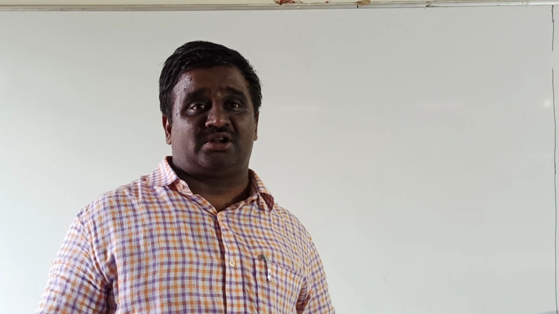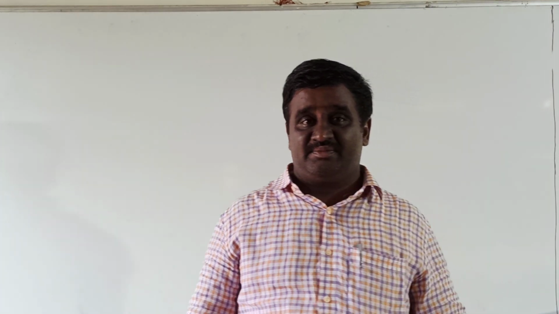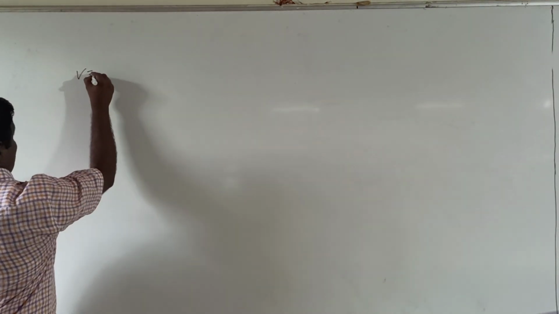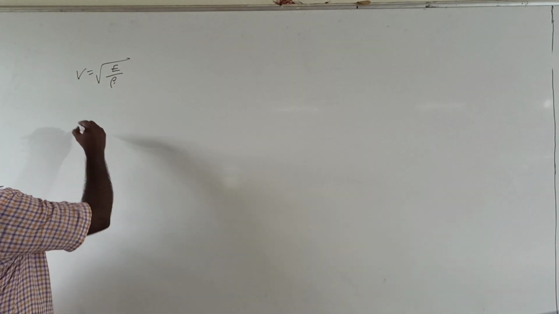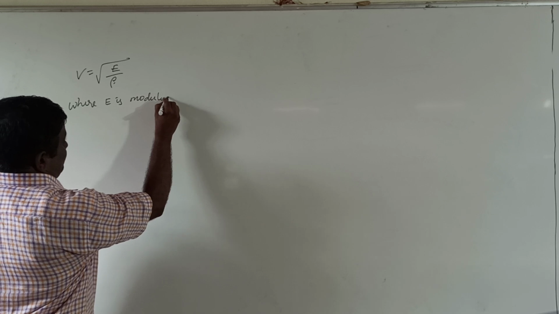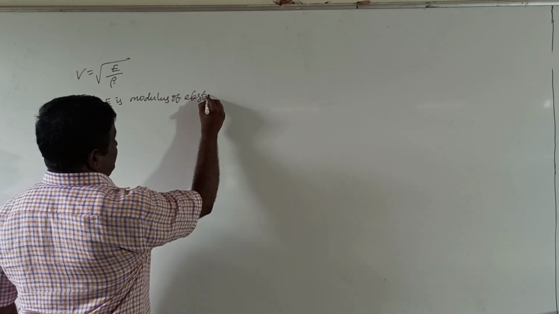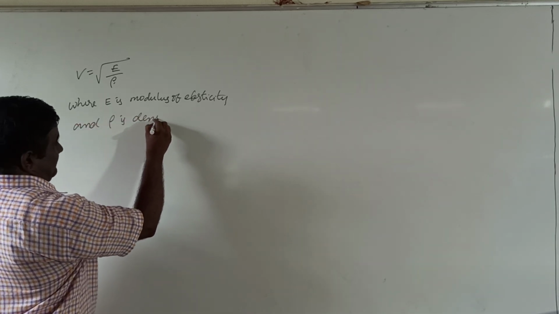Now we discuss the velocity of longitudinal waves, or the velocity of sound waves. The velocity of longitudinal waves in a given medium is taken as v equal to root over E by rho, where E is the modulus of elasticity and rho is the density of the medium.